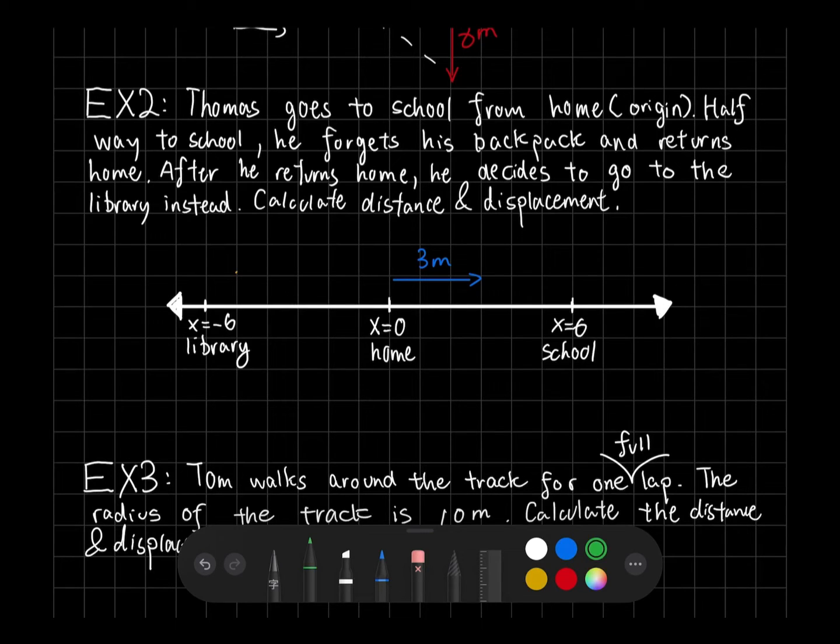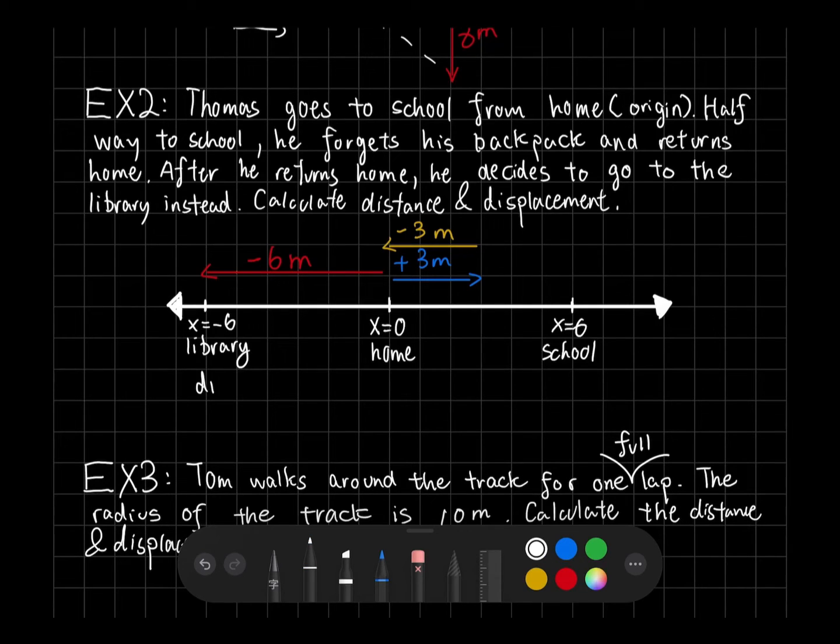And then he returns home, which is another 3 meters. Later on, he goes to the library, which is 6 meters. Now, we forgot to draw the signs, which we should do. So here's negative, here's also negative, and here's positive.